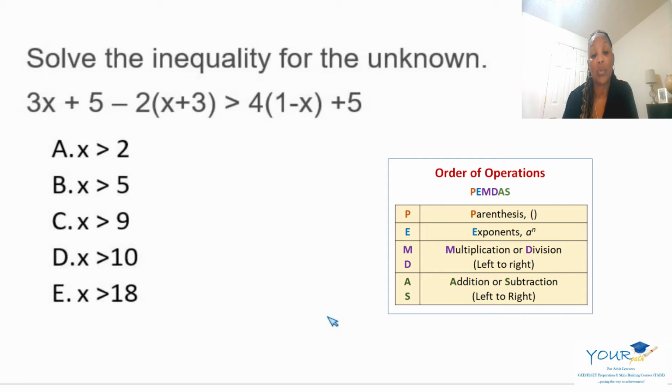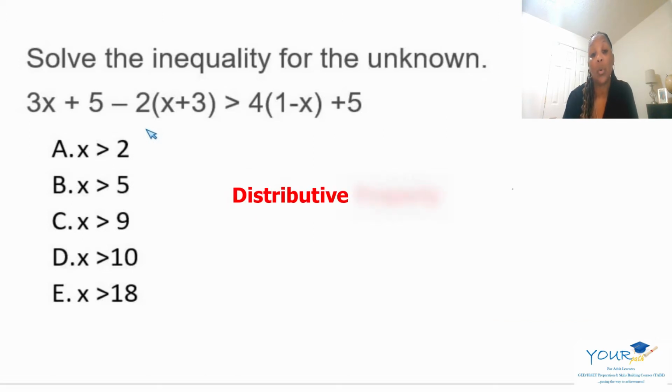In this case, we do not have any like terms inside of our parentheses, so there's nothing for us to do with these terms. And so we can move on to the next step, which in this case will be multiplication. So we're going to utilize the distributive property in order to multiply our terms outside of our parentheses with the terms inside of our parentheses.